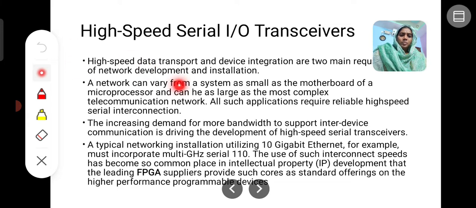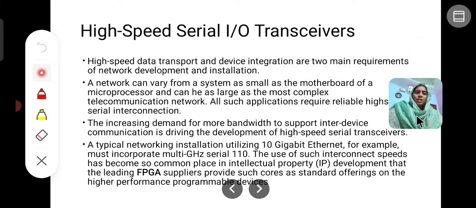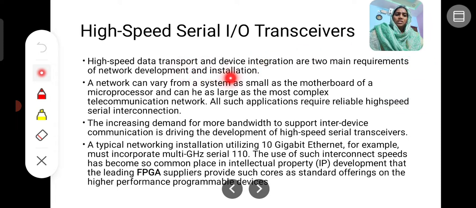High speed data transport and device integration are two main requirements for network development and installation. A network can vary from a system as small as the motherboard of a microprocessor to as large as the most complex telecommunication network. All such applications require reliable high-speed serial interconnections.